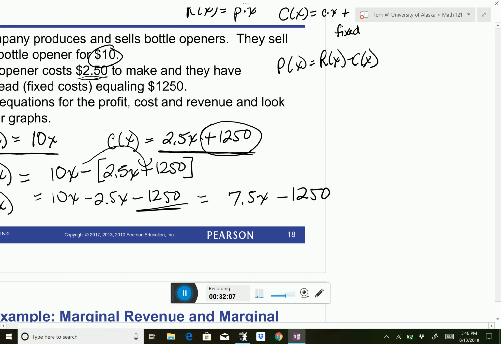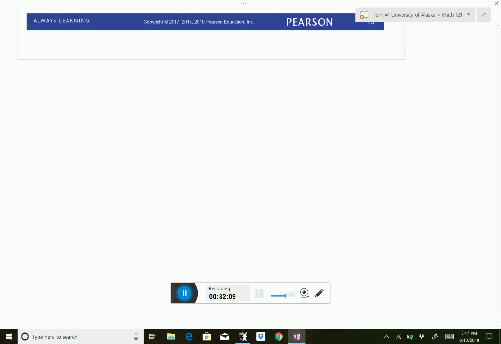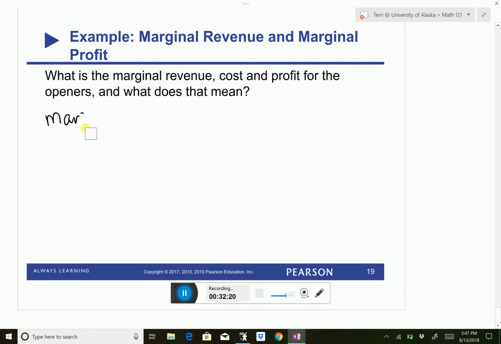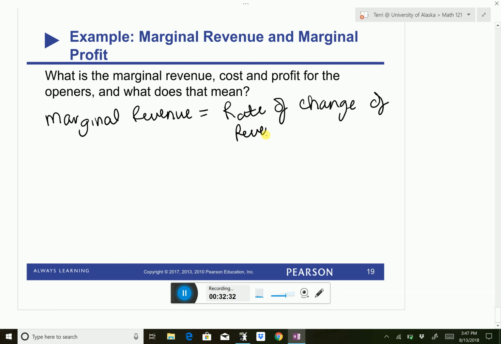Let's put that down for a minute. So let's talk a little bit about what marginal revenue and marginal cost, marginal profit, and all of this stuff means. So marginal revenue is equal to the rate of change of the revenue function.